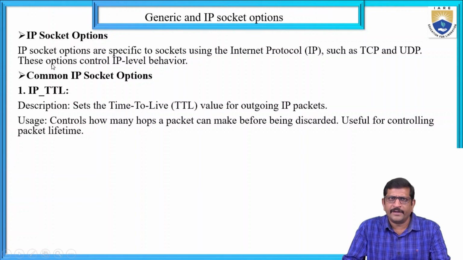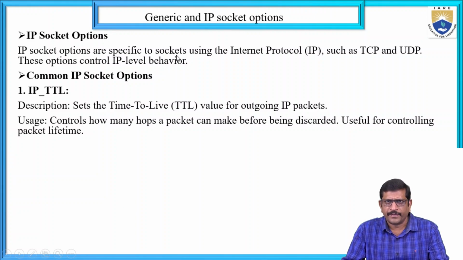IP, internet protocol, socket options are generally specific to IP sockets. By using these IP socket options, the internet protocols such as TCP and UDP, these options control IP level behavior.